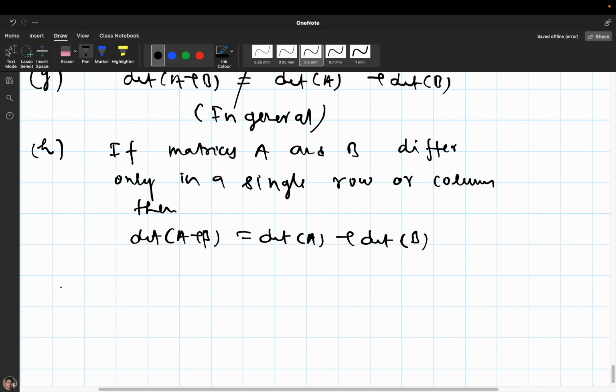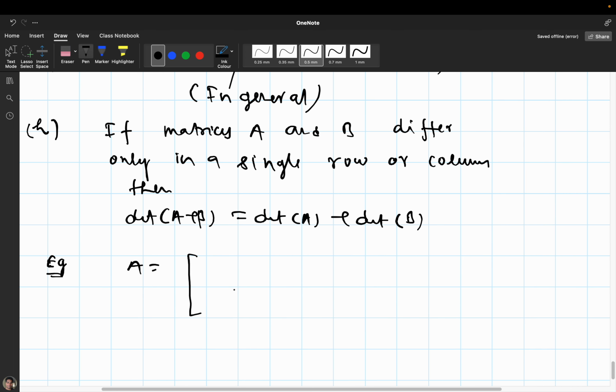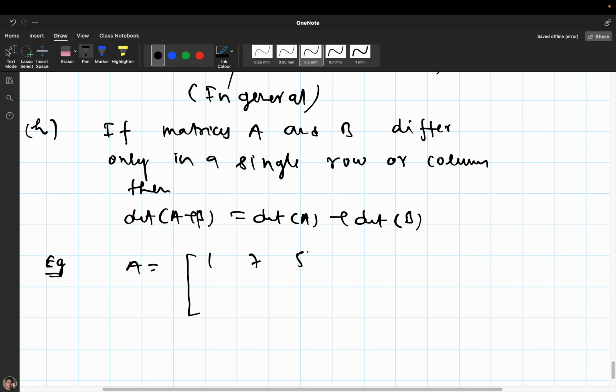For example, suppose A is a matrix like this: 1 7 5, 2 0 3, 1 4 1, and matrix B is exactly 1 7 5, 2 0 3, but this row is different.